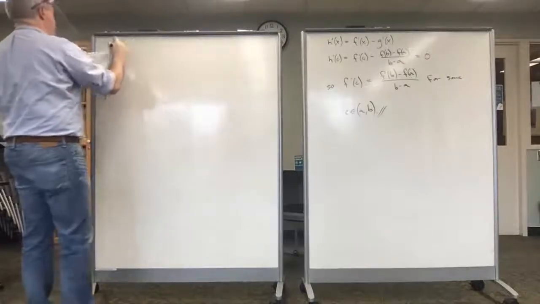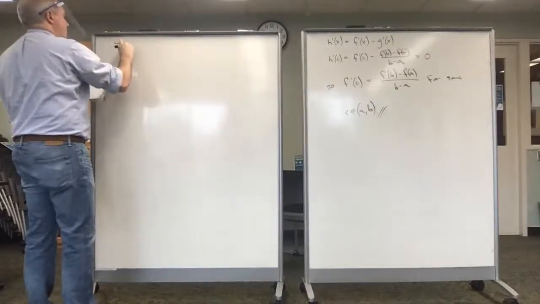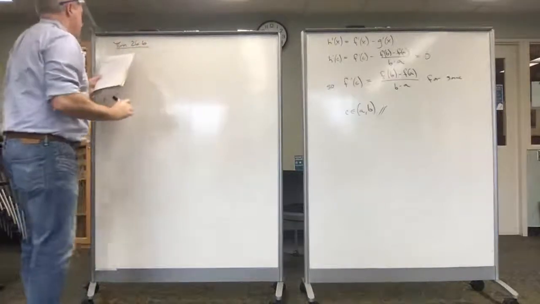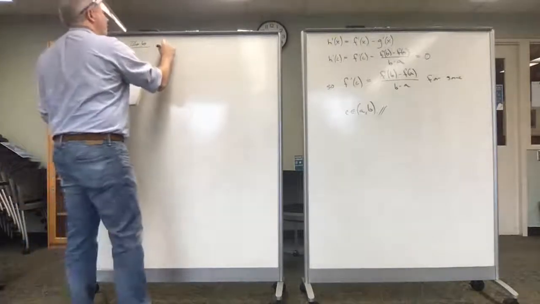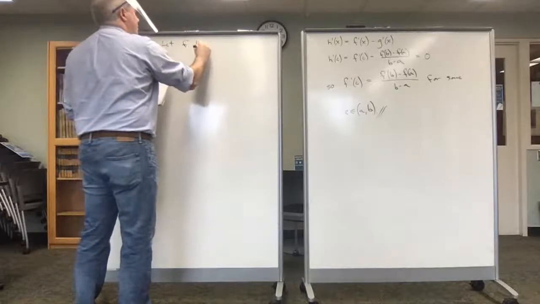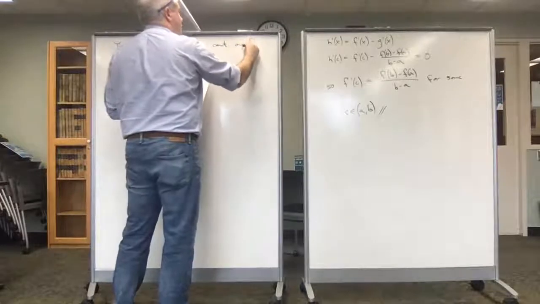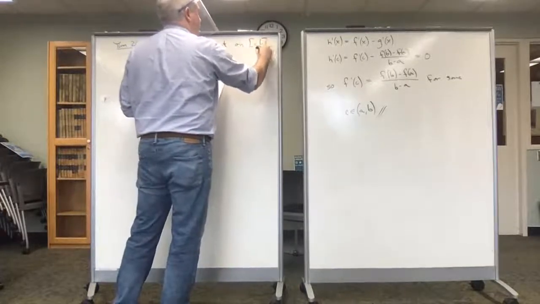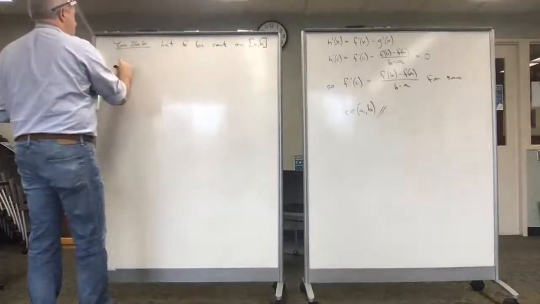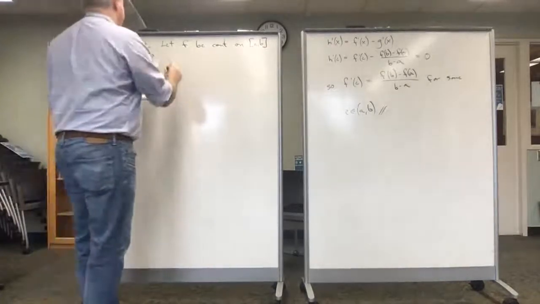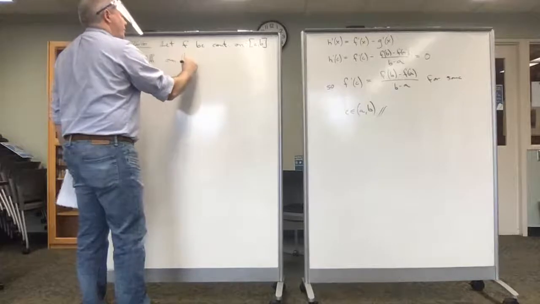So next theorem is theorem 26.6. And it says let f be continuous on the closed interval [a, b] and differentiable on the open interval (a, b).